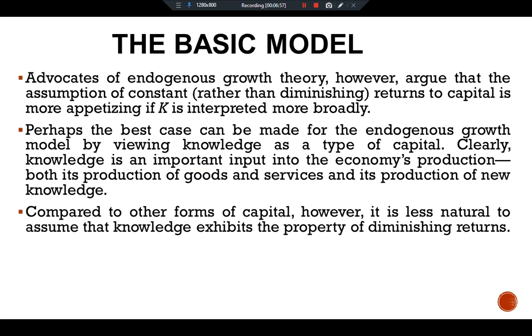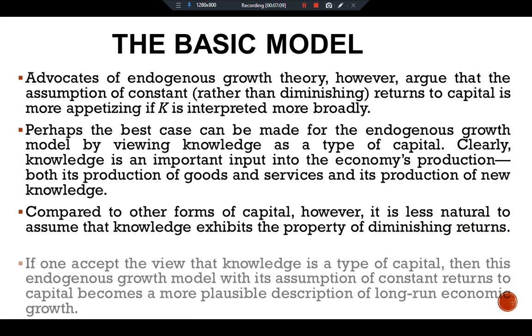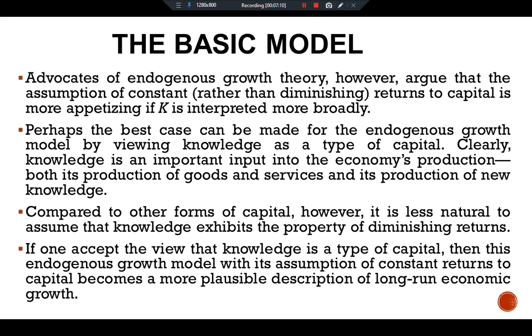Compared to other forms of capital, however, it is less natural to assume that knowledge exhibits the property of diminishing returns. If one accepts the view that knowledge is a type of capital, then this endogenous growth model, with its assumption of constant returns to capital, becomes a more plausible description of long-run economic growth.